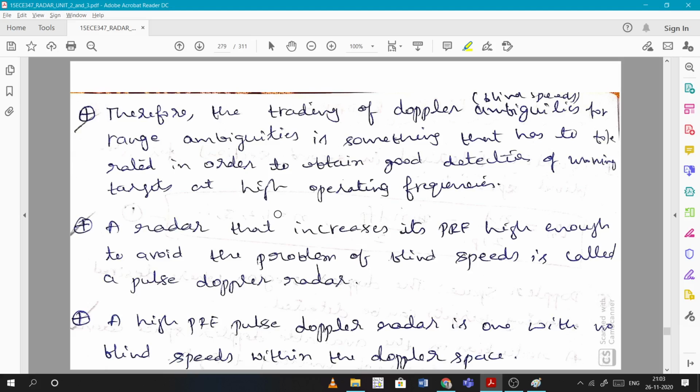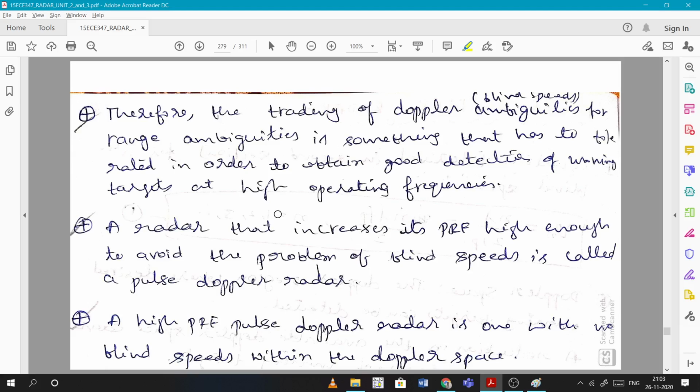So basically, a pulse Doppler radar is one where you use a PRF which is high enough to avoid the problem of blind speed.